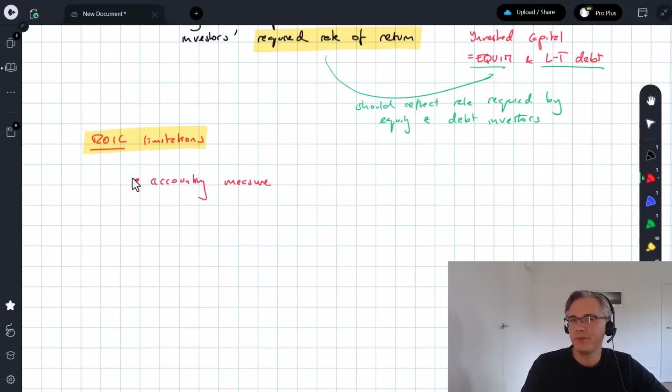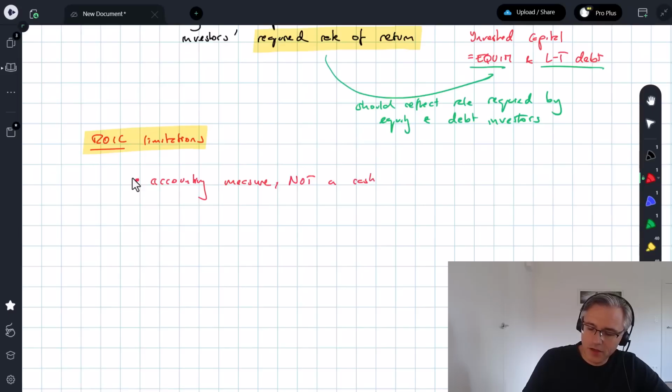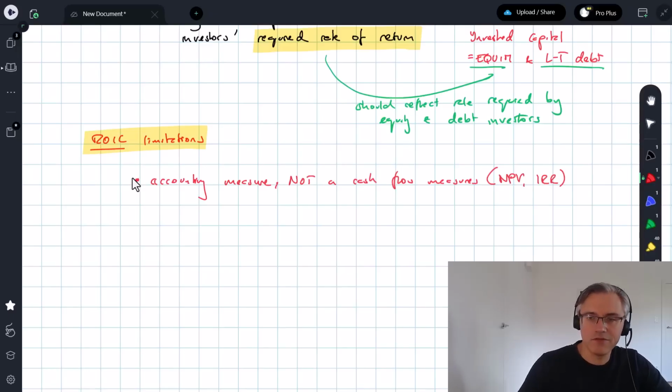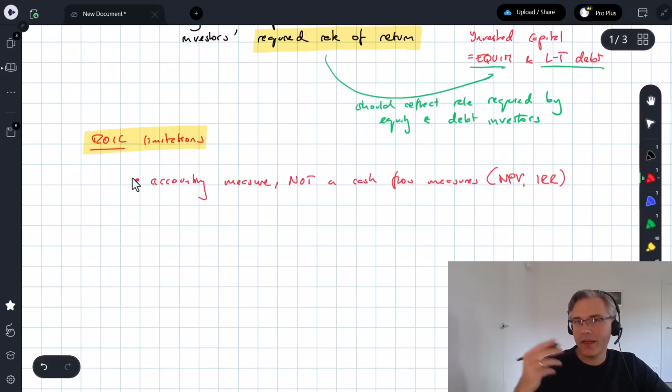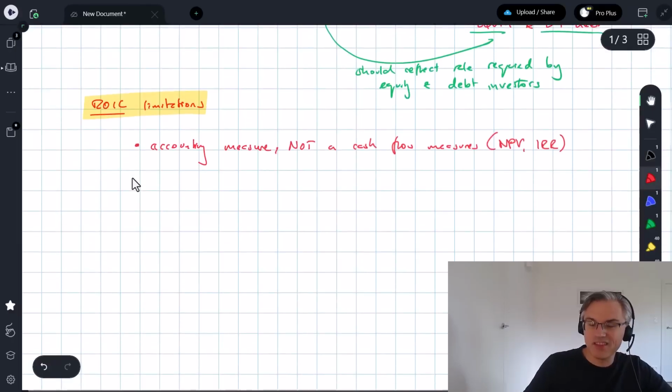It gets skewed by the accounting approach. It's an accounting measure. It's not a cash flow measure. Cash flow measures are generally preferred in finance because things are more objective, and NPV and IRR are based on cash flows, so they are superior in that respect. Plus, accounting is subject to various creative practices that can distort earnings, distort results.